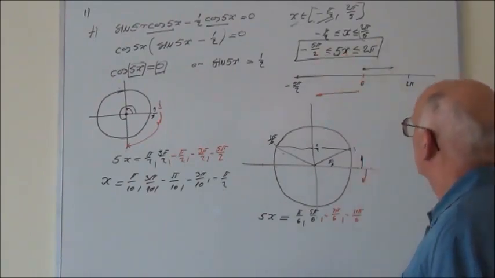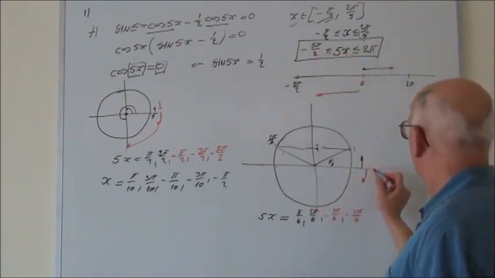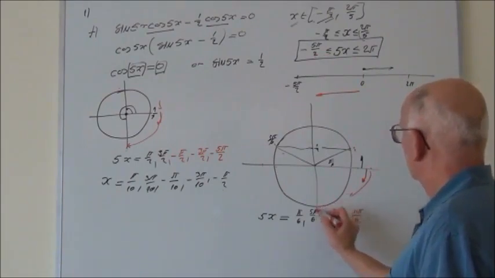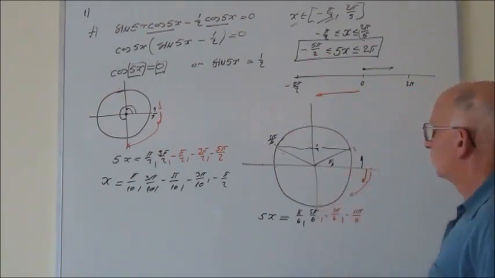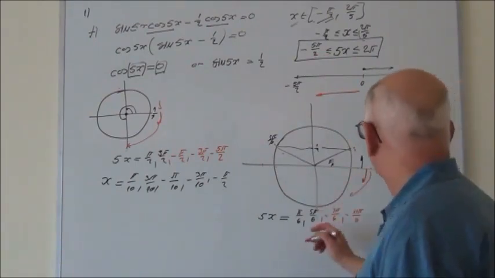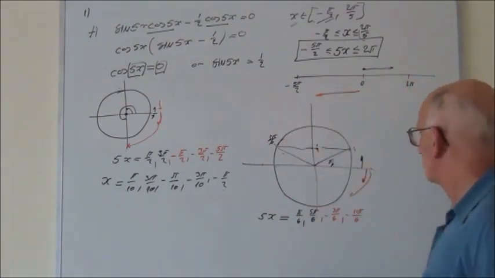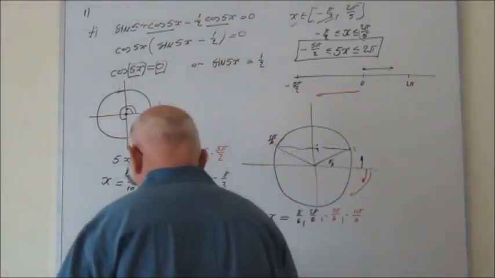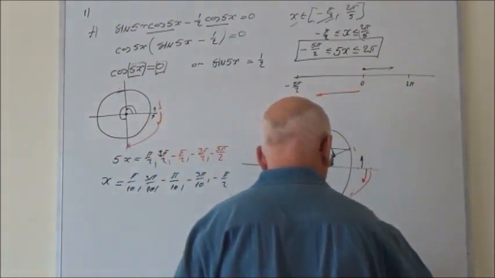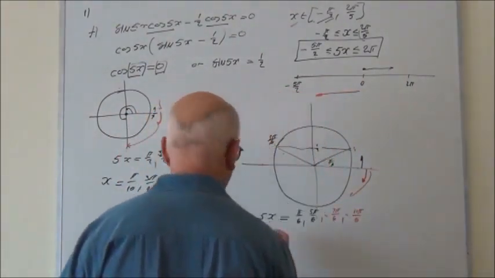We have to look at the domain. We have to stop here, and even if we continue to come to there, there is no solution. So this equation will have those solutions. Of course, again, we have to get solutions just for x.